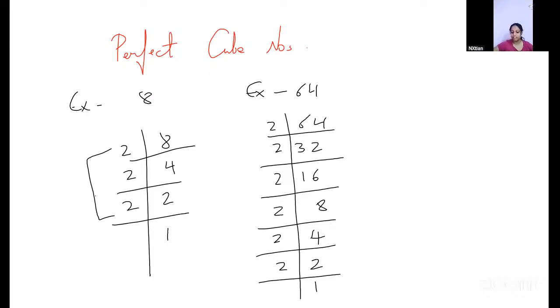Now you make pairs: 2, 2, 2 is one pair, and 2, 2, 2 is another pair. Is any factor left behind? No, right. 64 is a perfect cube number, or a cubic number.